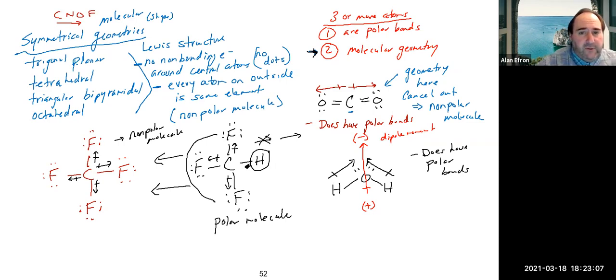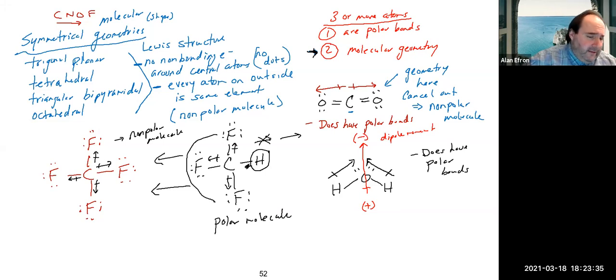So a very nice way you could quickly identify molecular polarity in terms of nonpolar or polar when you're dealing with these symmetrical molecular geometries is simply if you draw your Lewis structure, if you look at your central atom and you see no dots, you see everything on the outside is the same element, just write nonpolar molecule, you'll probably be right.